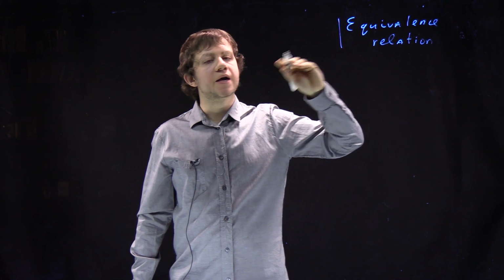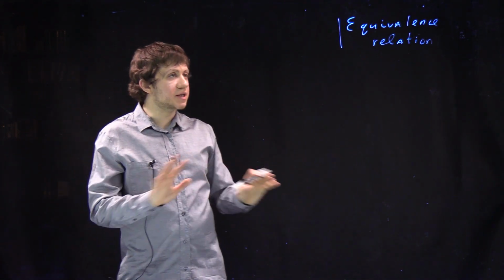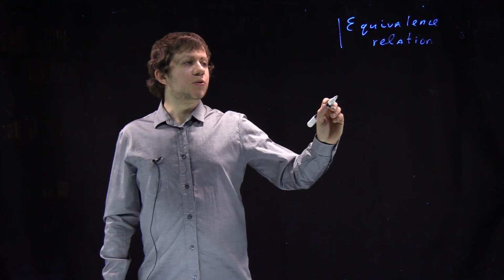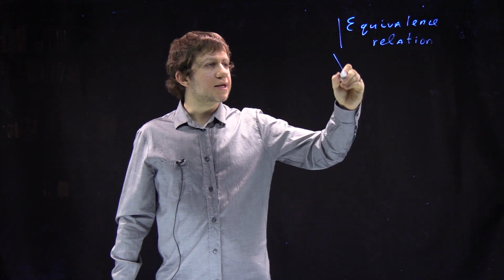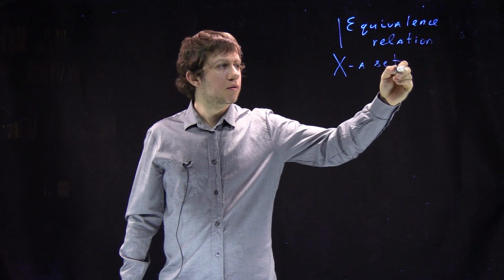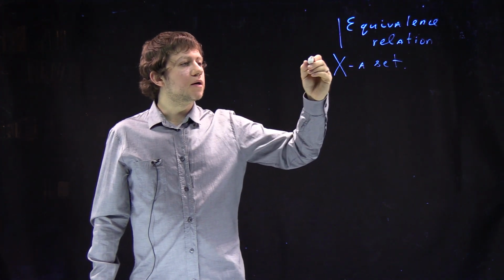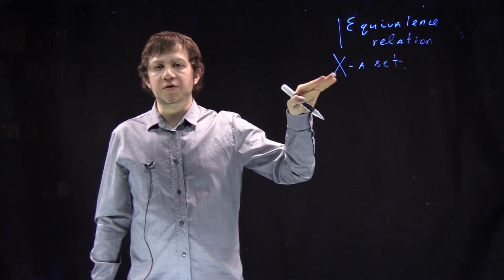So this is a very general mathematical notion in set theory, has nothing to do with linear algebra or fields or anything like that, which is very simple and very useful. So let's suppose that X is a set. And then an idea is that, of course, we have a notion of equality.